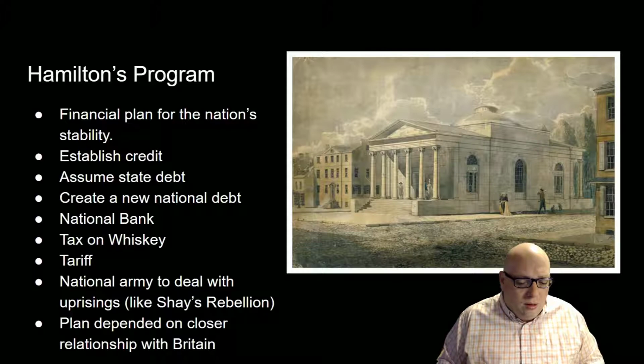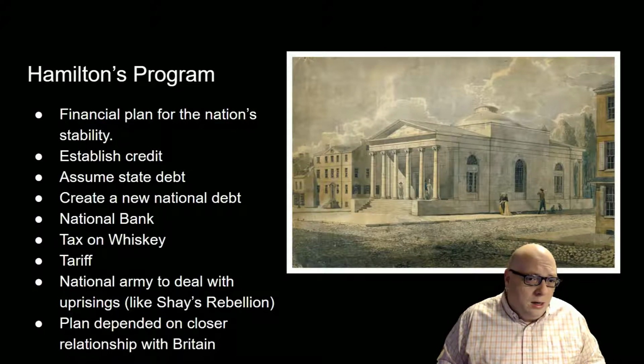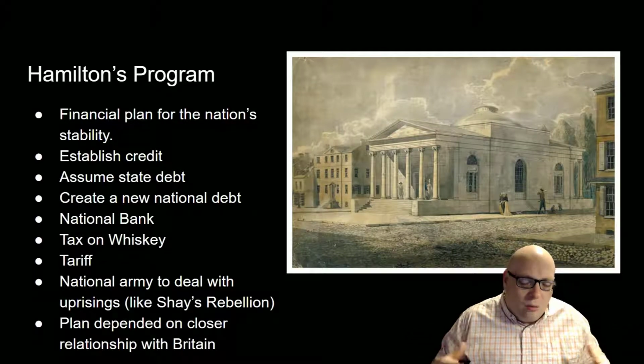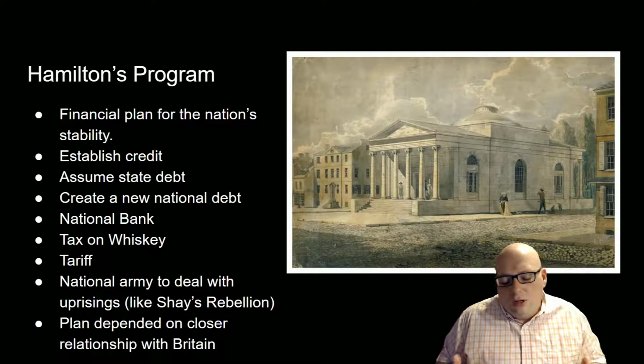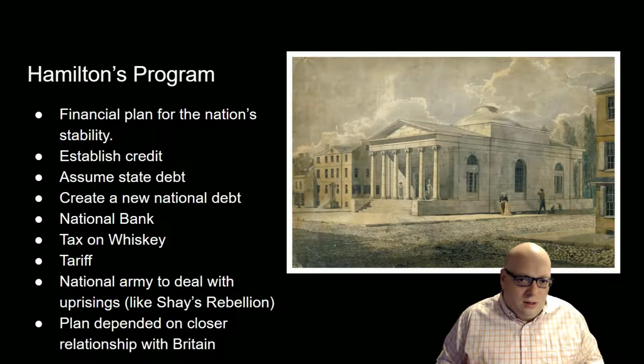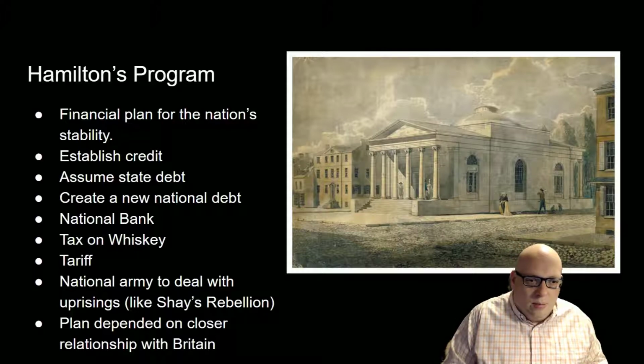So this plan is a bit complicated in terms of how it works in building up the power of the nation. But essentially, just understand this. If the country is in debt, then the entire country is interested in making sure the nation does well.